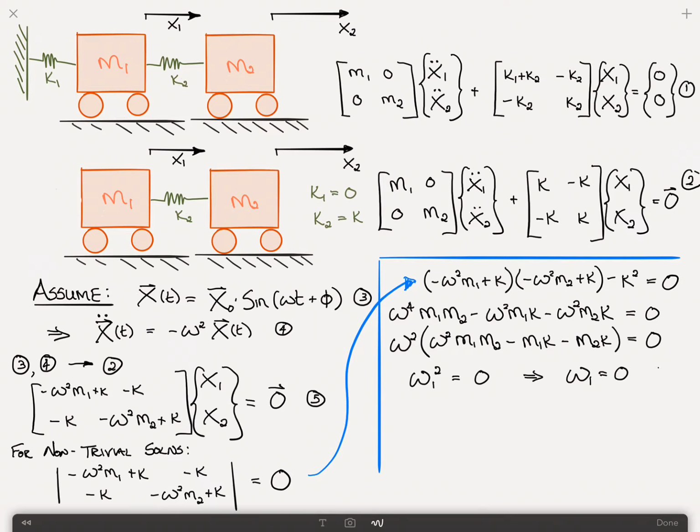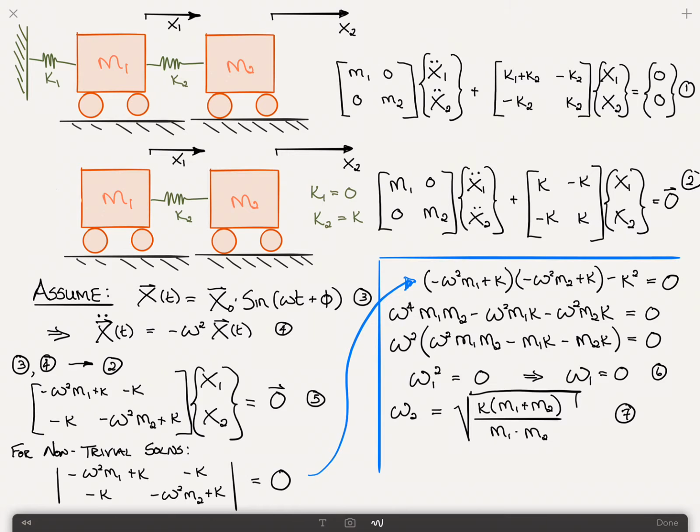We'll call this equation 6. Alternatively, omega 2 would be the other natural frequency, and that would be equal to the square root of k times m1 plus m2, divided by m1 times m2. Take the square root of that. We'll call that number 7.